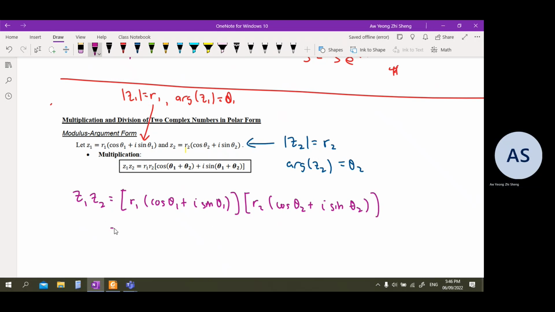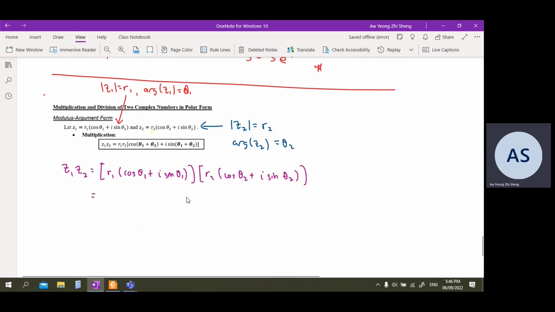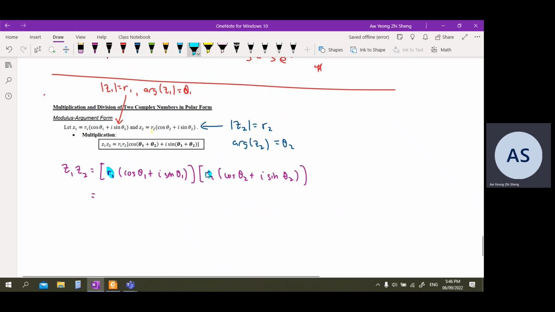Now, if we try to tidy up this messy looking expression, what we can first do is to group your r1, r2 at the front. And then you have your cos theta 1 plus i sine theta 1 multiplied by cos theta 2 plus i sine theta 2. r1, r2 stays at the outside.